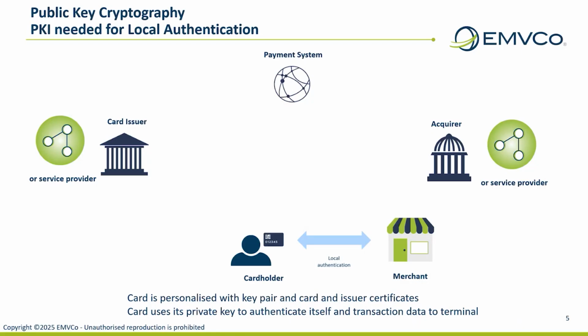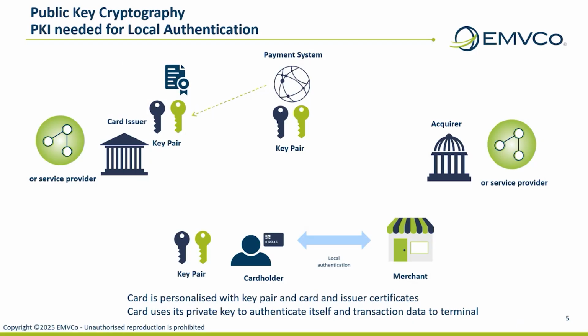EMV local authentication depends on a pre-established PKI, a public key infrastructure, where the payment system has a key pair, the root key of the PKI, as does each issuer bank. And the issuer public key is certified by the payment system. The issuer generates a key pair for each card, and the card public key is certified by the issuer.